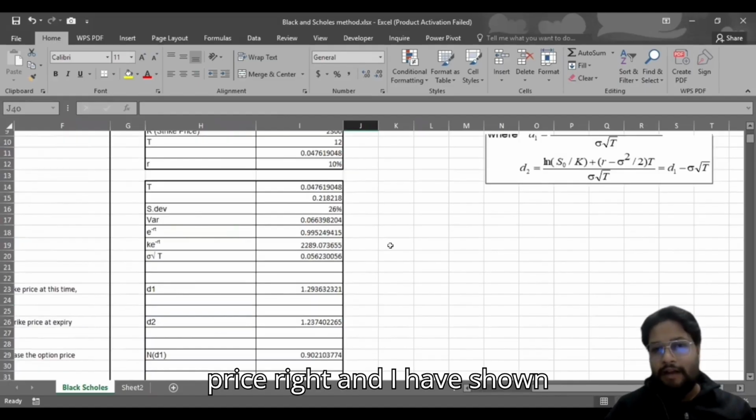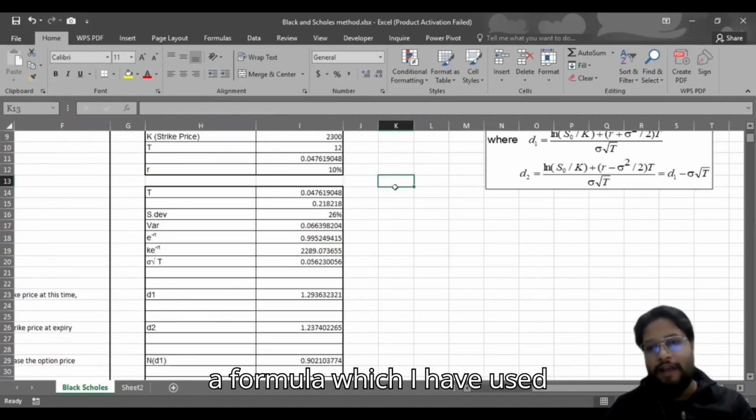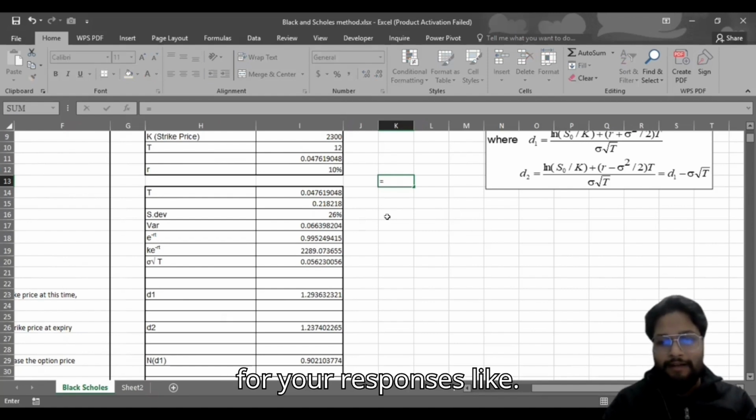I have shown the formula I used for your reference.